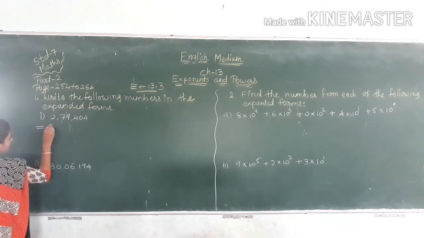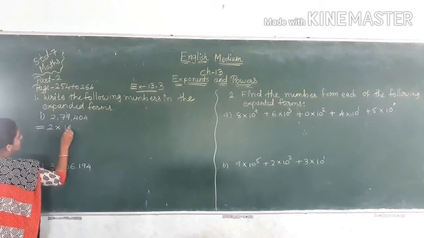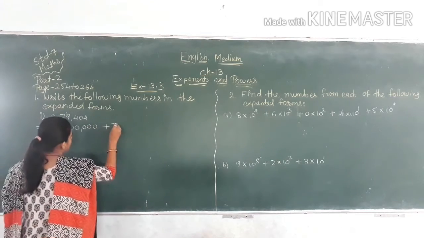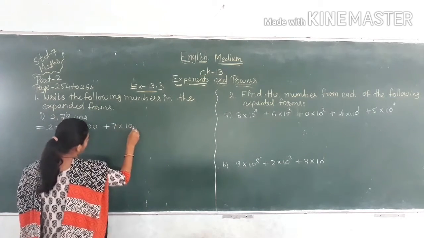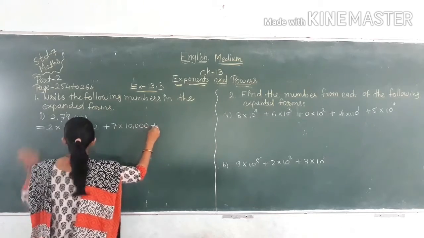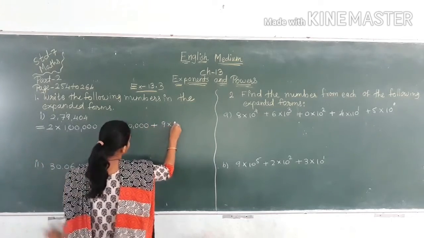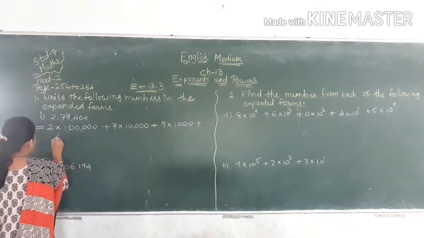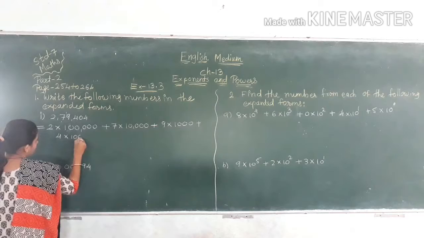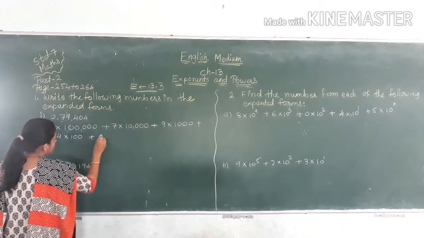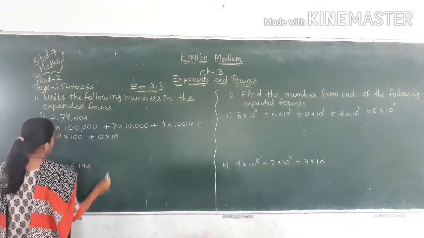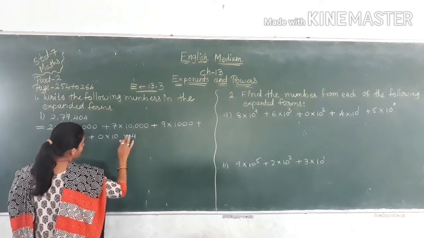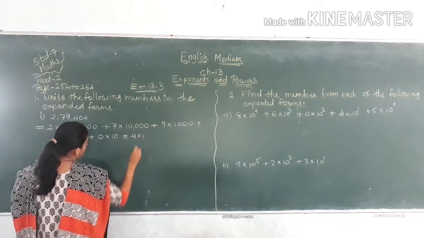So 2 multiplied by 1 lakh plus 7 multiplied by 10,000 plus 9 multiplied by 1,000 plus 4 multiplied by 100, then 0 multiplied by 10, then 4 multiplied by 1.